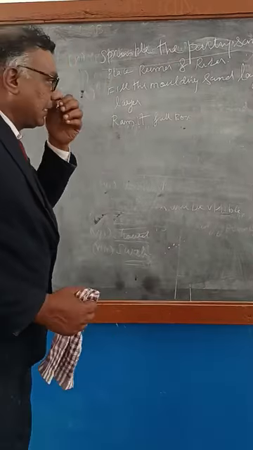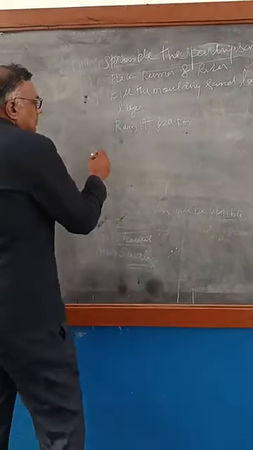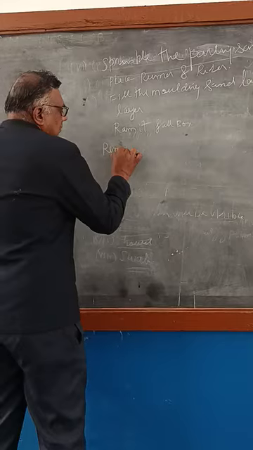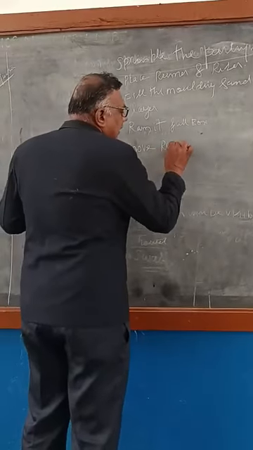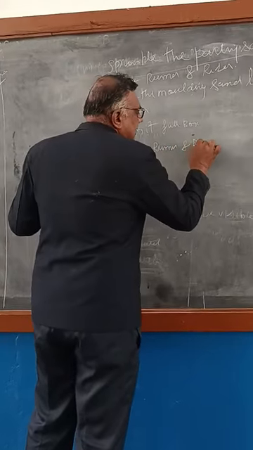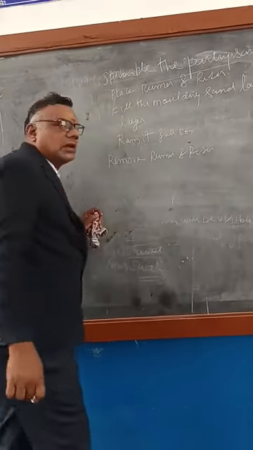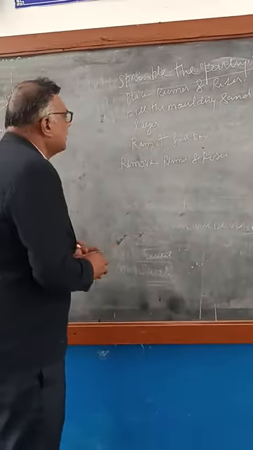So after ramming, remove the runner and riser. After removing the runner and riser, remove the box.